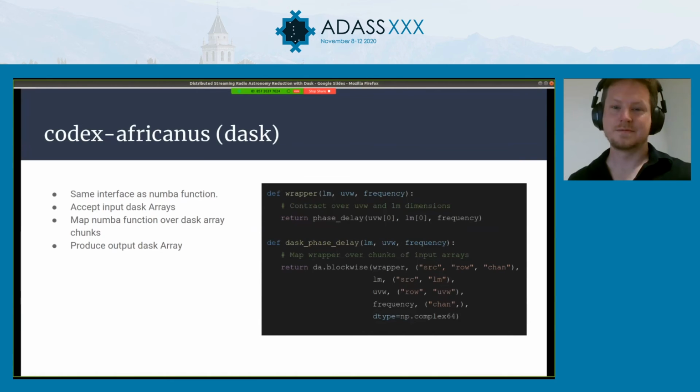So we're getting programs in, and we're mapping numba functions over the chunks of those Dask arrays to produce another output Dask array. What we're doing here is chaining operations together in a graph to create a program. And by doing it in a chunked fashion, we support distributed programming by subdividing the problem.